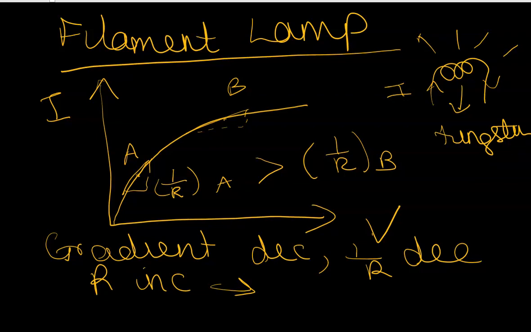So when the current flows through it and it starts to get really hot, then it begins to glow and emit a lot of light energy, right? And you will find that eventually the resistance will increase, so it will glow up to a certain value.